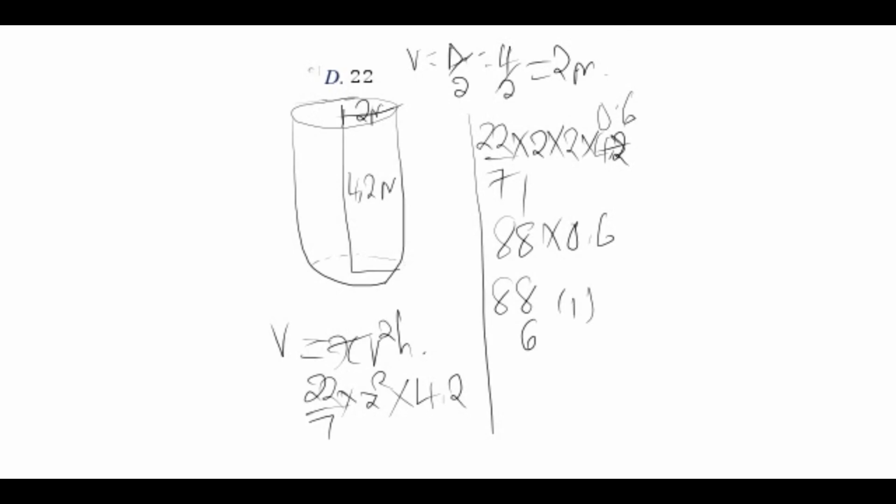So 6 times 8 is 48, carry 4. 6 times 8 is 48 plus 4 is 52. So we have 528 and 1 decimal place, so it will be 52.8 meters cubed.